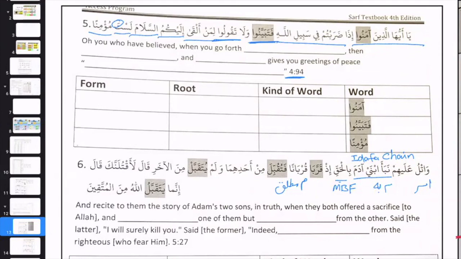So what happened, a little background, is that there was some expedition, and the companions were on this expedition, and they saw some guy. That must be from some enemy side, so they were trying to attack him.